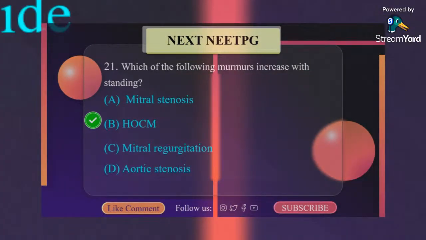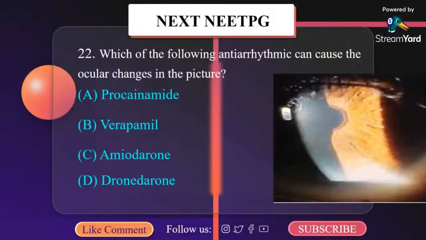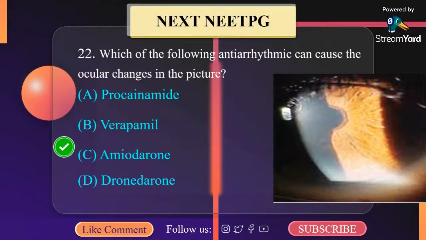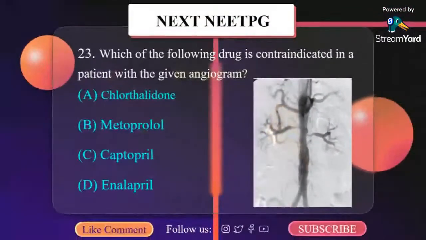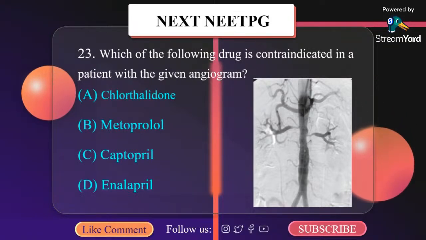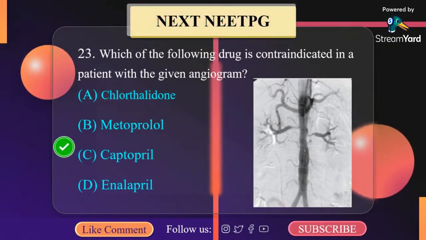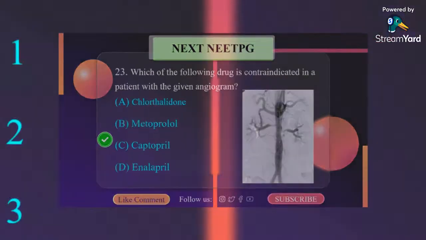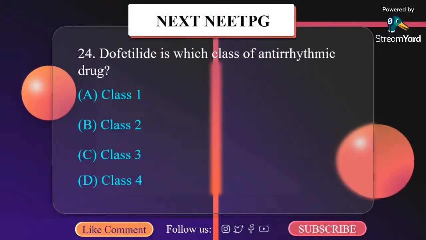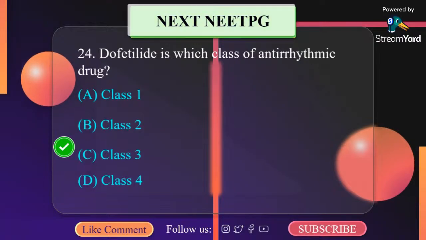Which of the following antiarrhythmic drugs can cause the ocular changes in the picture? It is corneal microdeposits caused by amiodarone. Which of the following drugs is contraindicated in patients with the given angiogram? It is captopril. Dofetilide is which class of antiarrhythmic drug? It is a class 3 antiarrhythmic drug.